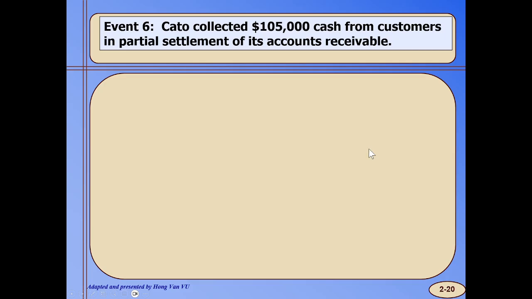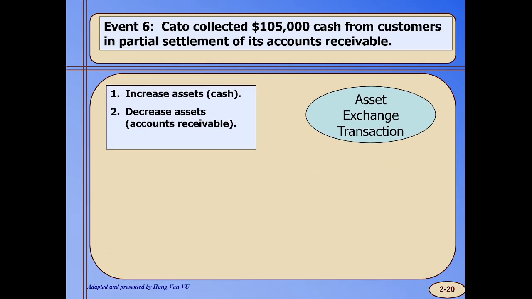So now we look at another transaction. Transaction number 6, the company collected 105,000 cash from customers in partial settlement of its accounts receivable.